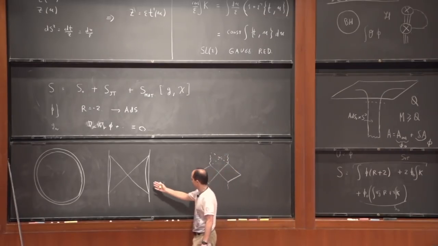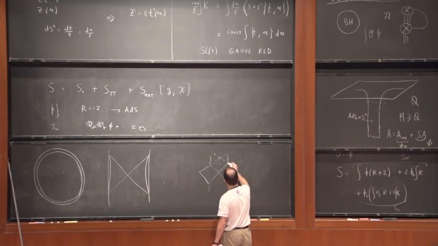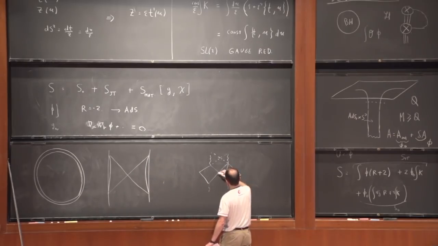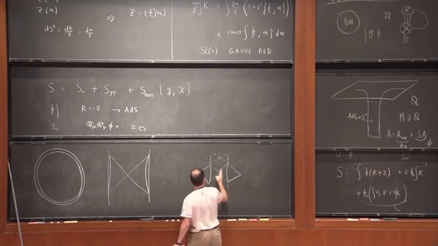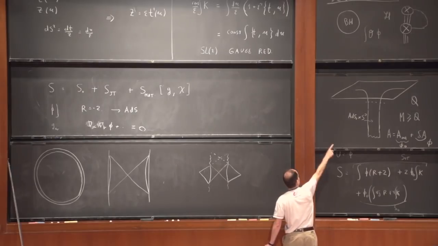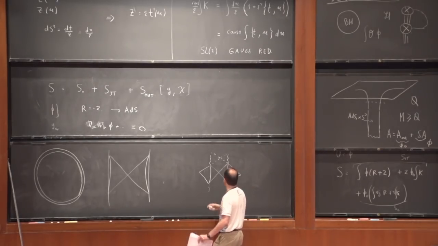Now, how does this fit into here? This is describing only the near horizon region. So this line here corresponds to some line here, and we are cutting off the space here and then patching it to flat space. That's the dotted line that connects the throat to the rest of flat space.